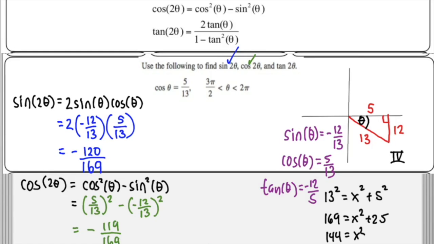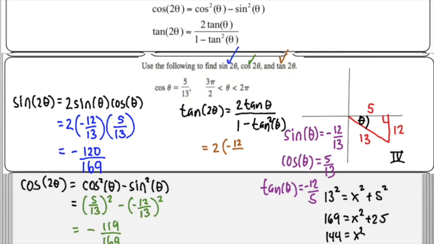Okay, and so let's tackle this last one, which is going to be the tangent. Let's write the formula. Okay, and so looks like we're just dropping in some more values, all the tangent values. So I have equal sign 2 times tangent, which is going to be a negative 12 over 5, and we have all over 1 minus a negative 12 over 5 squared.